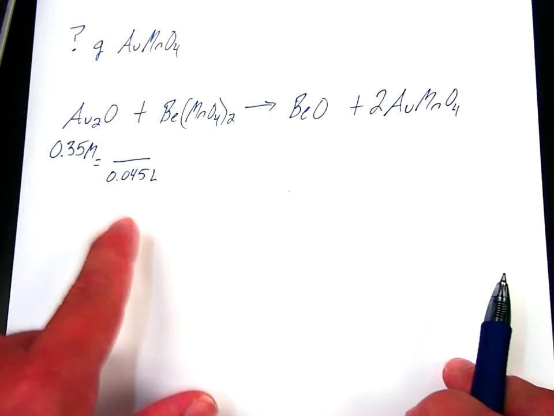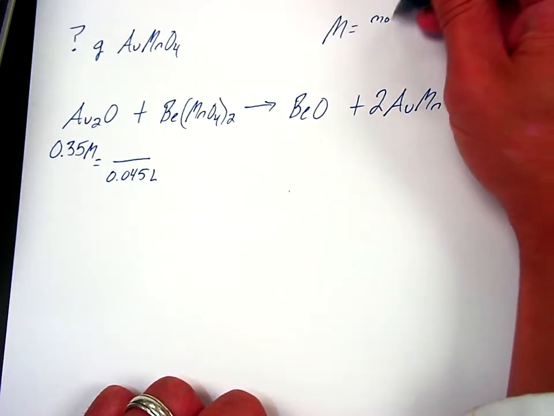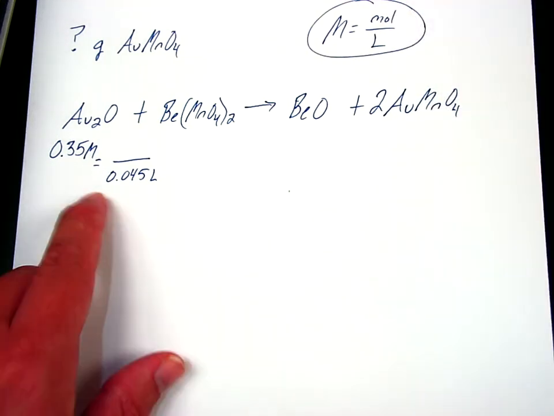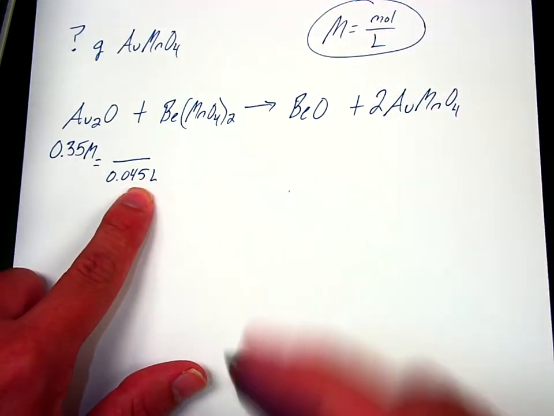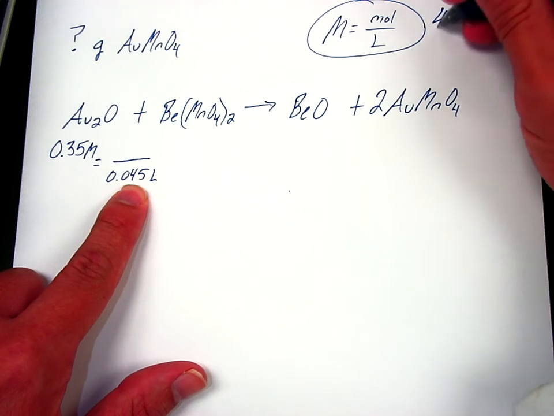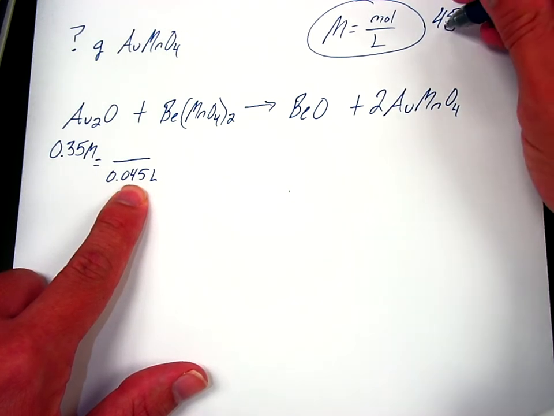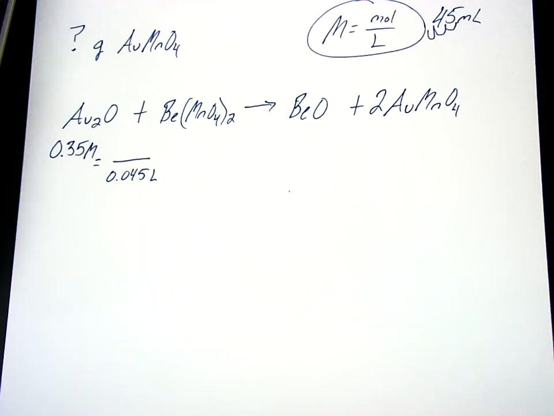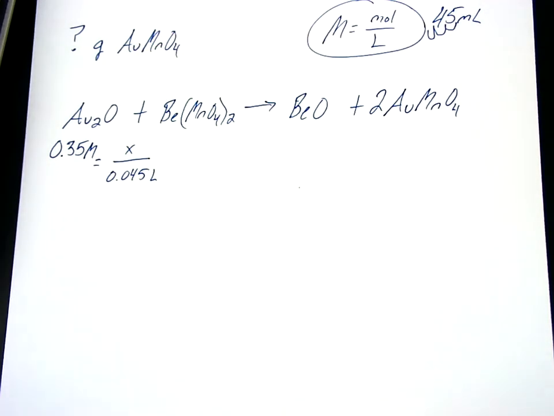In case you missed why I'm setting it up like that, remember our molarity equation is moles over liters. It gave me molarity, and it gave me milliliters, but I can't use milliliters, so I slid the decimal to the left 3 times and created 0.045 liters. And this will give us moles of the gold 1 oxide.